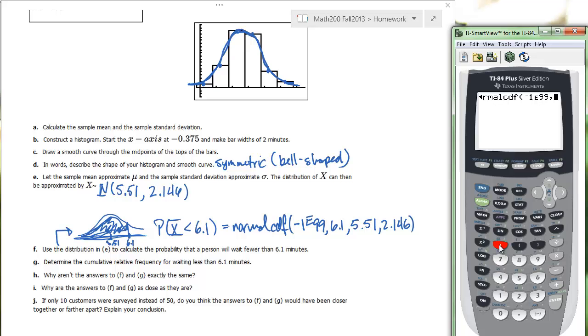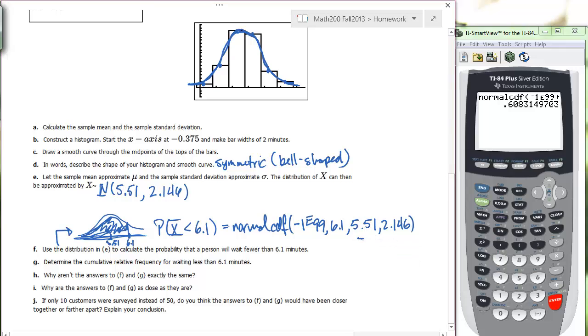And 6.1. And 5.51 and 2.146. Let's close the parentheses, hit enter, and we got a value that's bigger than 1/2 like we anticipated. So this is 0.6083.